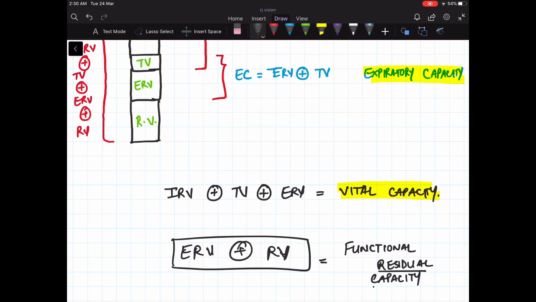So that is functional residual capacity. ERV and RV, look. Understand this again. ERV plus RV. That is the functional residual capacity. Getting my point? So you have 5 capacities.